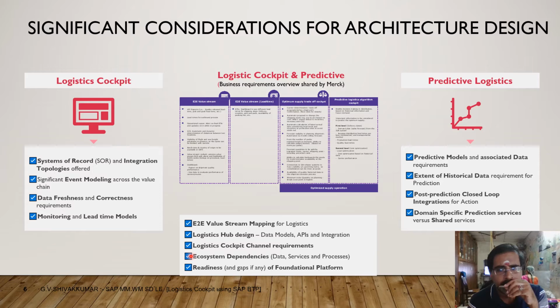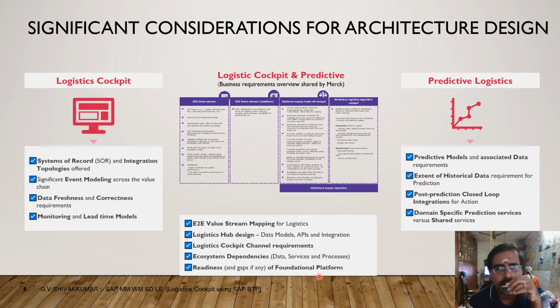And logistics cockpit channel requirements, ecosystem-dependent data services and process readiness, and if any gaps are identified, they can be leveraged with the existing BTP or in addition to SAC. So it comprises a foundational platform for achieving all the logistics requirements and can optimize the lead times.